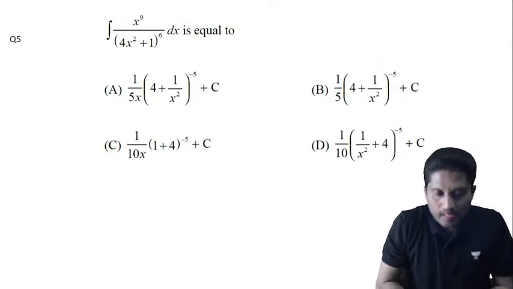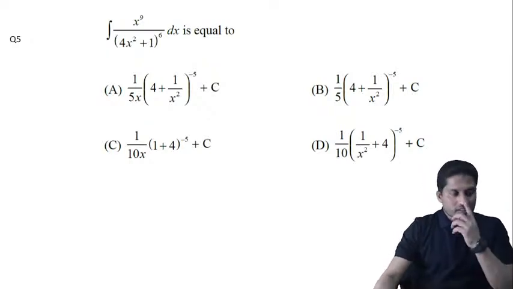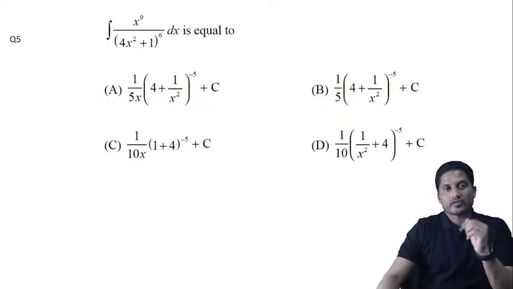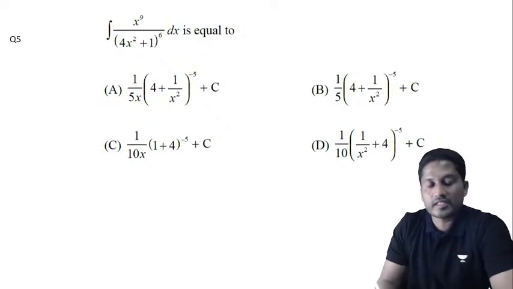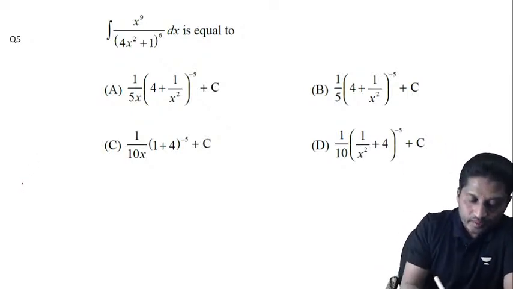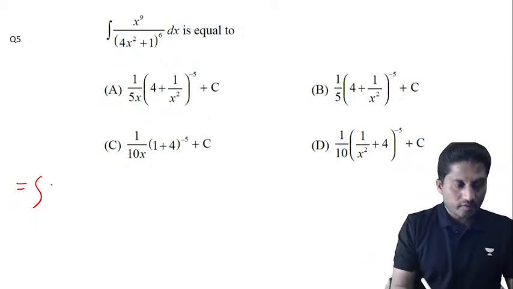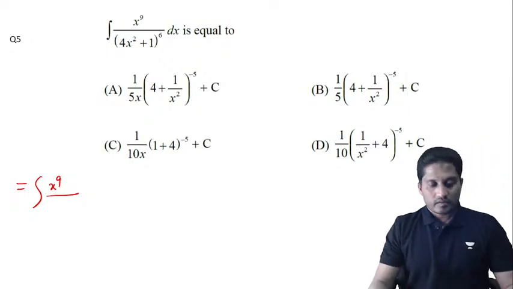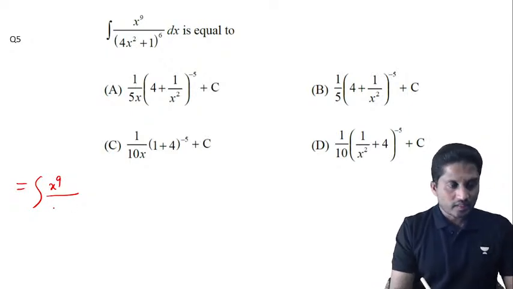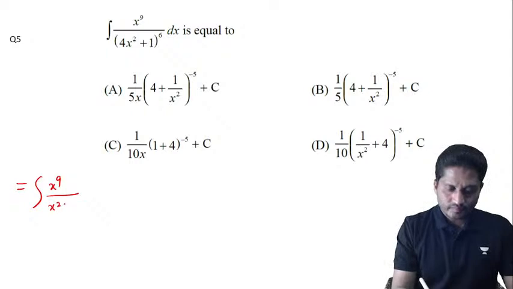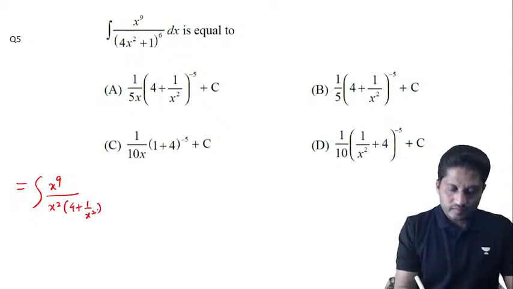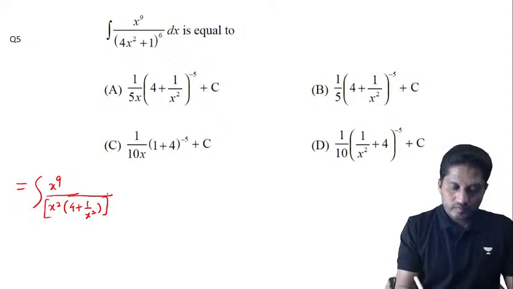Alright, now listen. Whenever you have such questions, take the highest power of x in the denominator common. This will be equal to integration of x to the power of 9 divided by, I take x square common, this is 4 plus 1 by x square and whole to the power of 6 dx.